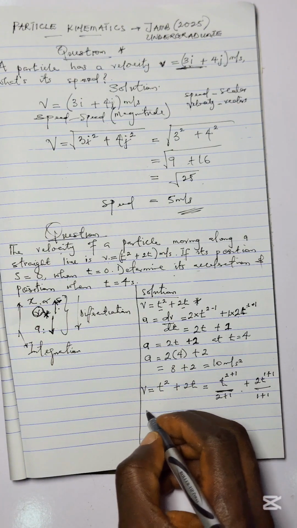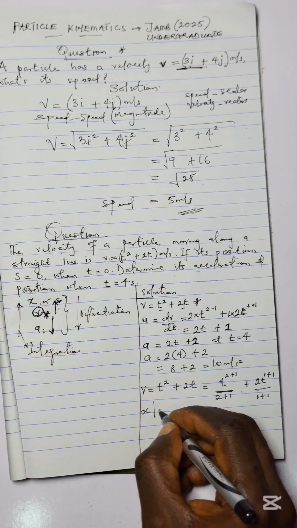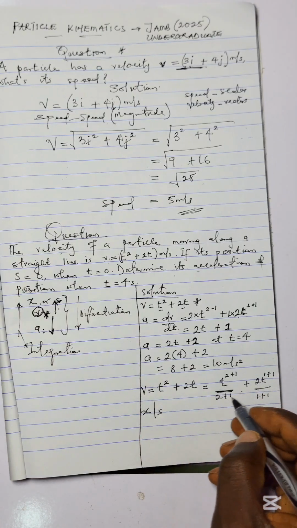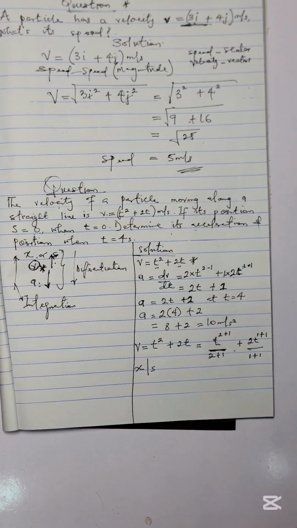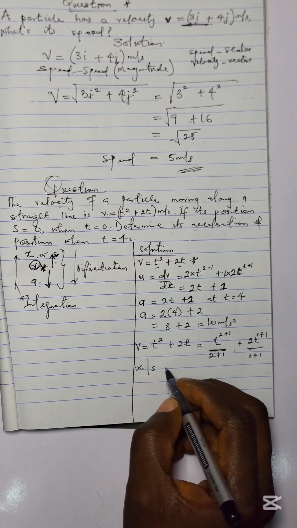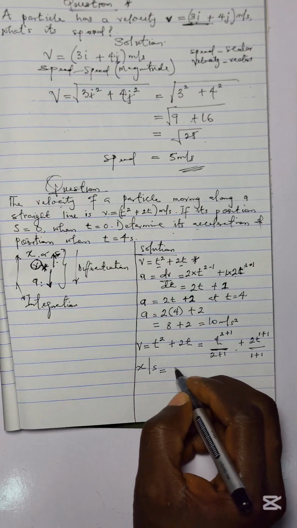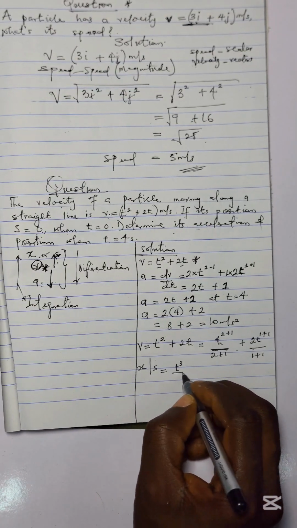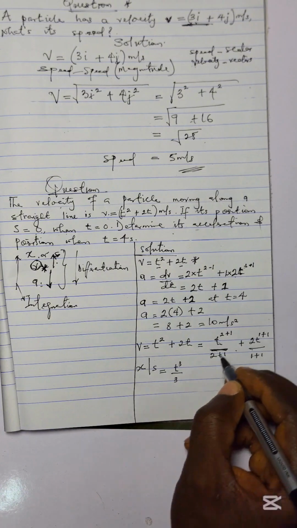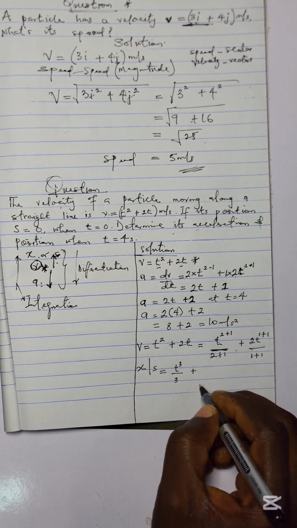It is no longer V now, it is X or S, because we have changed everything to displacement. We have integrated. So our displacement is equal to t raised to power 3 divided by 3, plus 2t squared over 2.